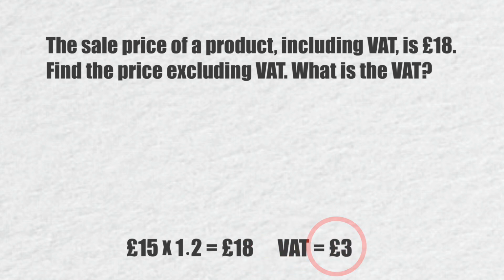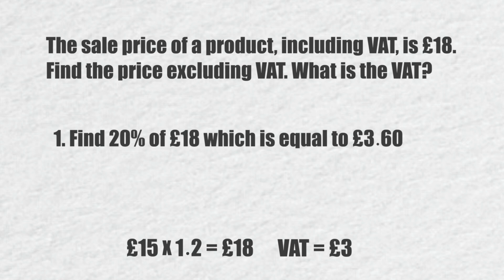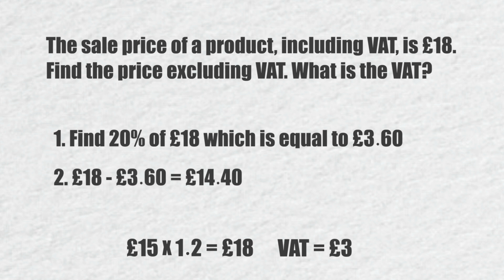Let's look at the approach the students were using. First of all, they would find 20% of £18, which is equal to £3.60. Then, they would subtract the £3.60 from the £18, which is equal to £14.40.